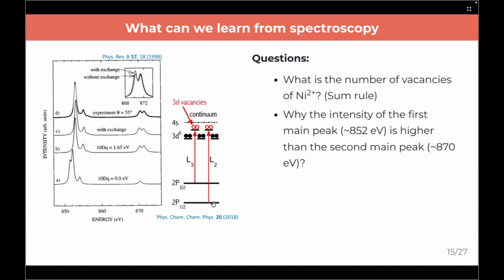The 1/2 level contains two 2p electrons, while the 3/2 level contains four 2p electrons, and this population difference gives rise to the difference in response, as you can see in this figure. Of course, this is a very superficial observation, but I want to mention it to give you a feeling of how you can interpret such spectroscopies.